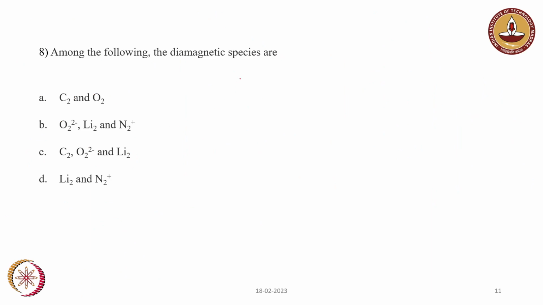So we'll write it here: C2, no unpaired electron. In O2, 2 unpaired electrons. In O2 2 minus, no unpaired electrons. Li2, no unpaired electrons.